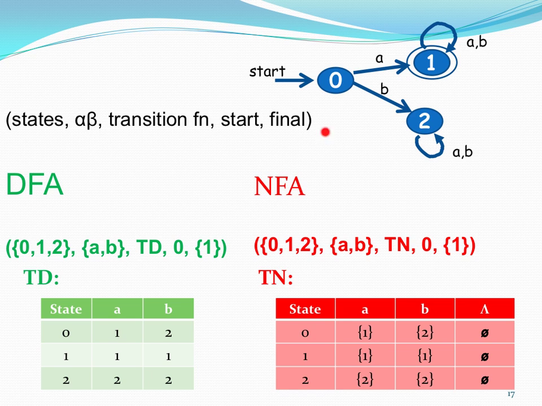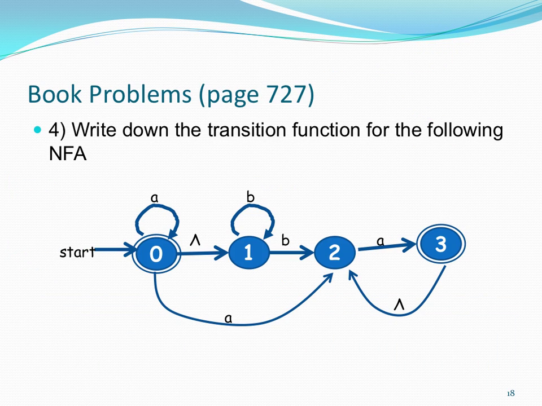On the other hand, if I say no, I meant this to be an NFA, then I make sure that I add a column for lambda, and every single thing that goes in here is a set. So I just fill in lambda with the empty set because there are no lambda transitions. Really, really important that you understand the difference between these two.